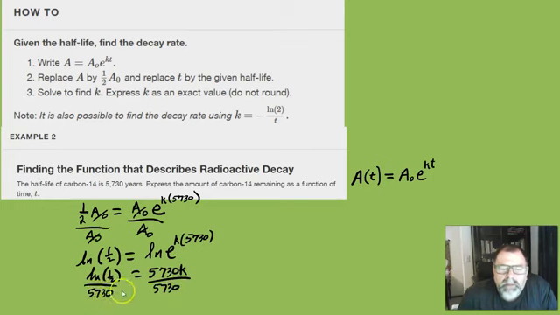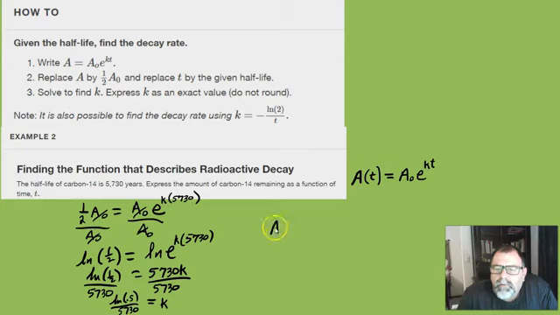And if you punch this in the calculator, you can approximate it. So k is equal to that number, ln of 0.5 over 5,730.